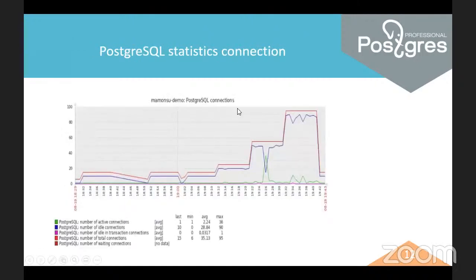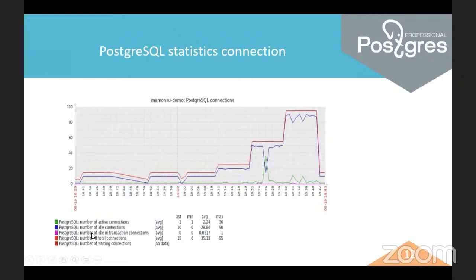The first thing is connection statistics. What should we be aware of? The first thing we must be aware of is the number of idle in transaction connections. It means that perhaps we have some problems with our applications. If we see an increasing number on this chart, then perhaps something is going wrong, and therefore we must consult our logs and our application logs to see what's going on.